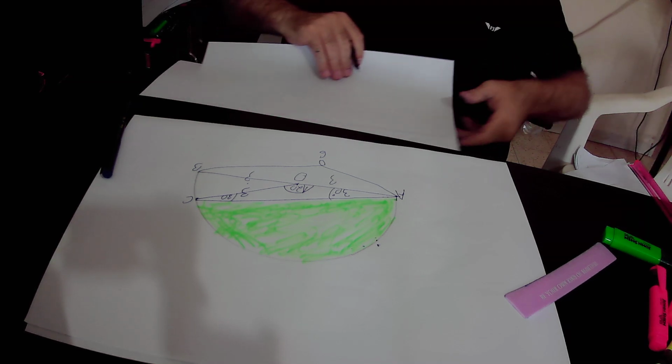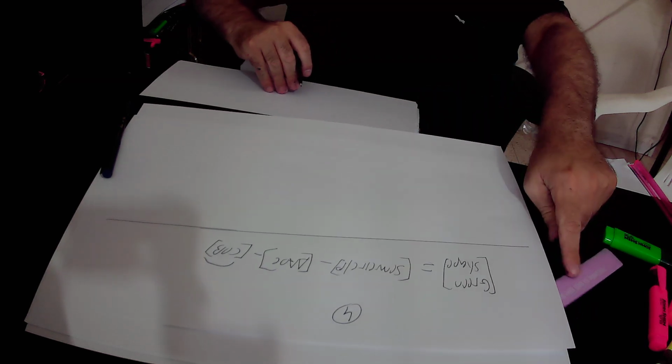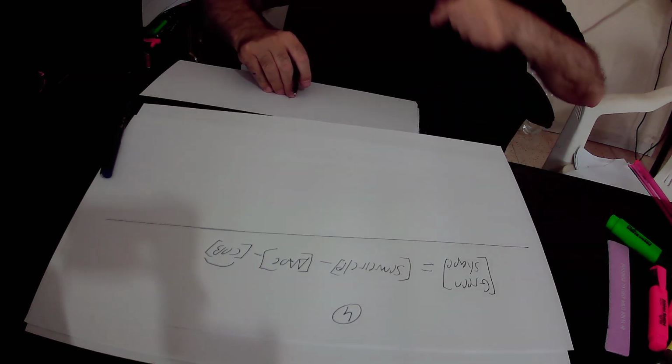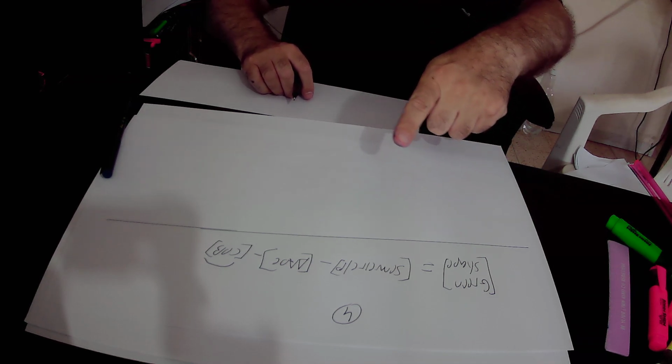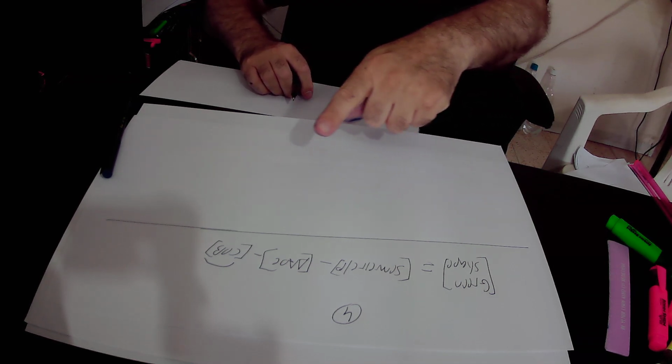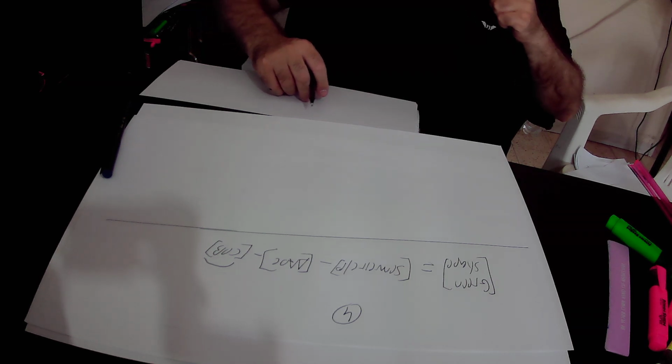I'll repeat again. According to the second method, the area of the green shape equals the area of the semicircle minus the area of triangle AOC minus the area of sector COB.